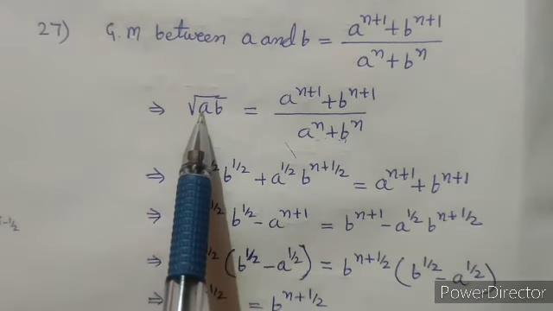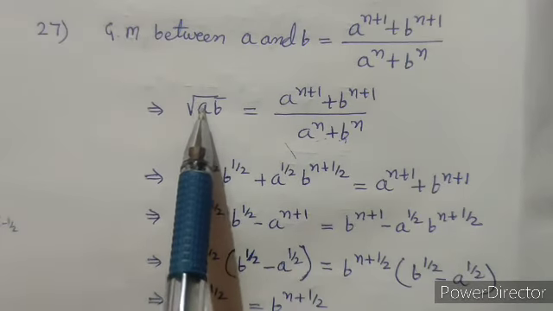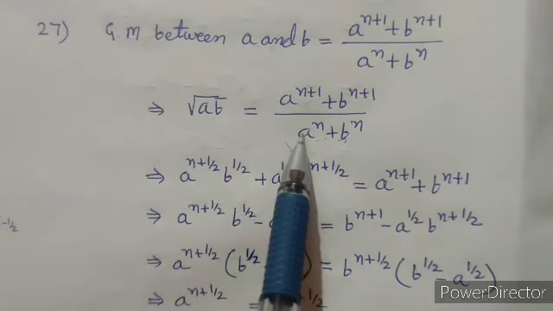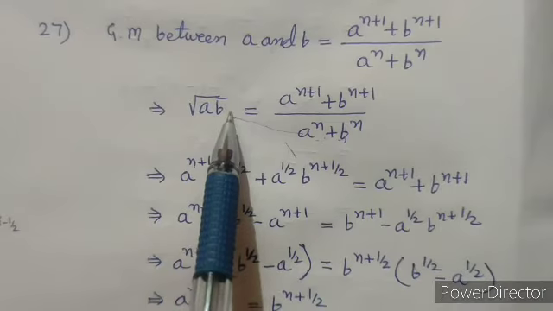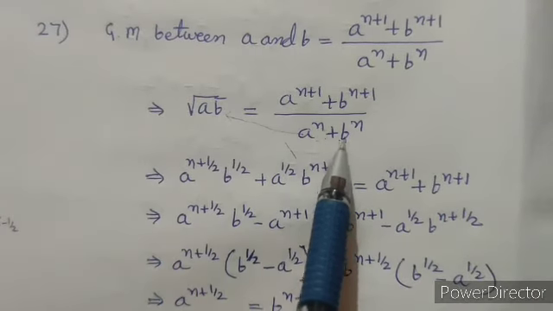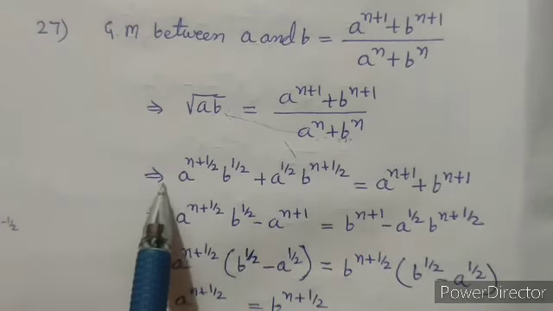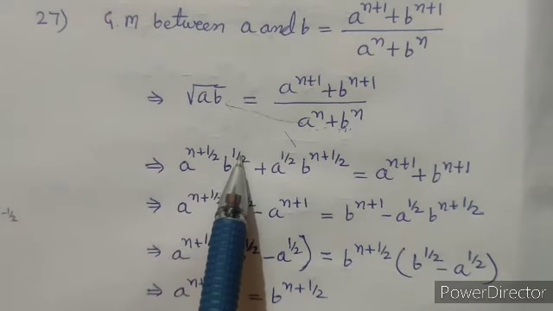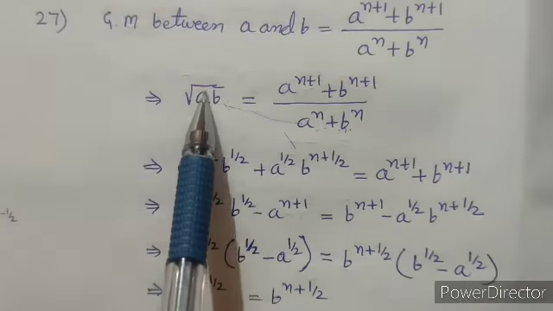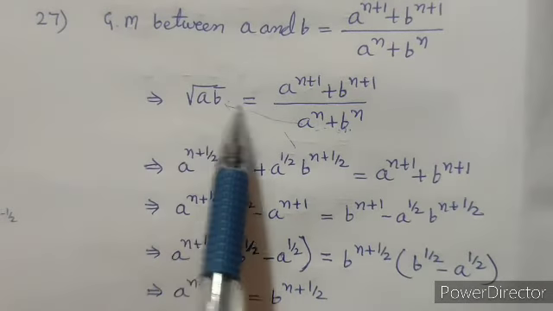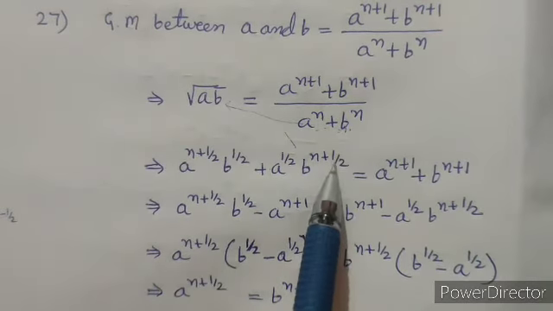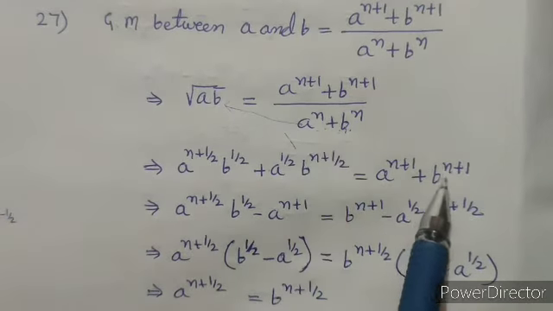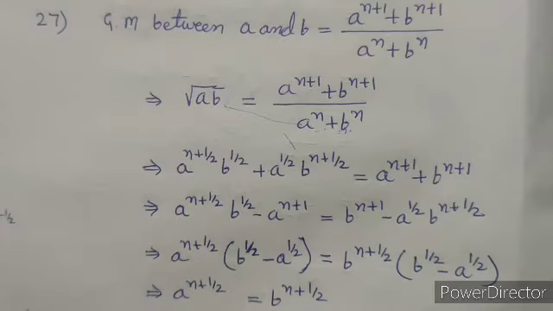Now, root of ab can be written as a raised to power 1 by 2 into b raised to power 1 by 2, and on multiplying both sides by a raised to power n plus b raised to power n, we will get this as a raised to power n plus 1 by 2 into b raised to power 1 by 2 plus a raised to power 1 by 2 into b raised to power n plus 1 by 2, and this will be equal to a raised to power n plus 1 plus b raised to power n plus 1.